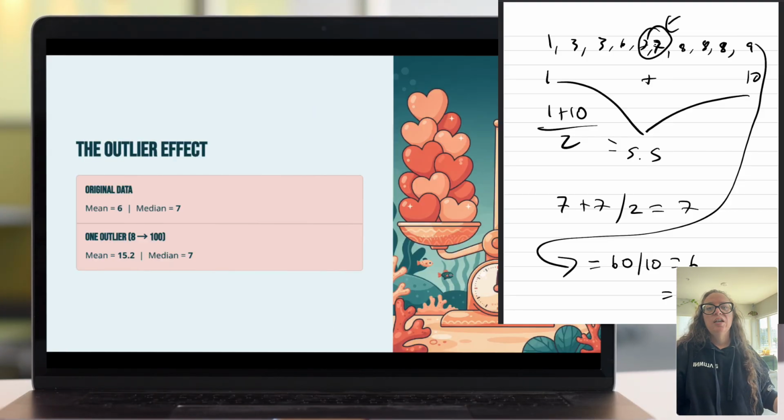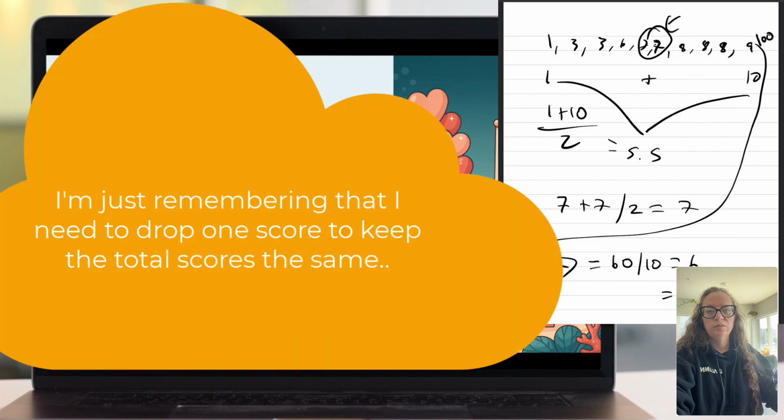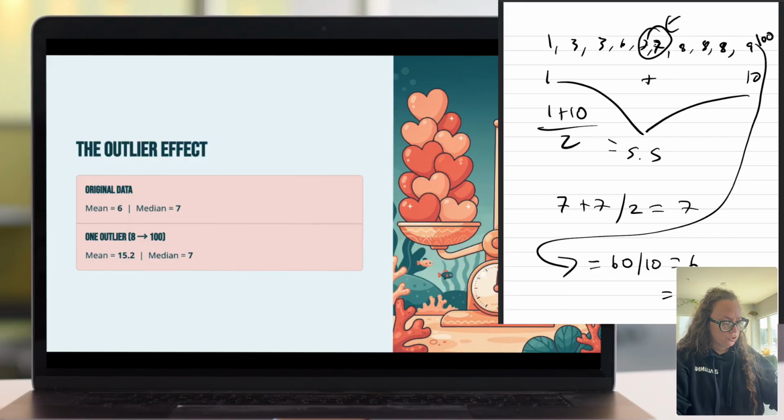That's the median. Now, suppose one person misremembered and actually recalled 100 dreams instead of 8, okay? So now you have 1, 3, 3, 6, 7, 7, 8, 8, 9, and then you've got a 100 in here, okay? So now the new mean, the sum is, let's just drop one of these, okay?